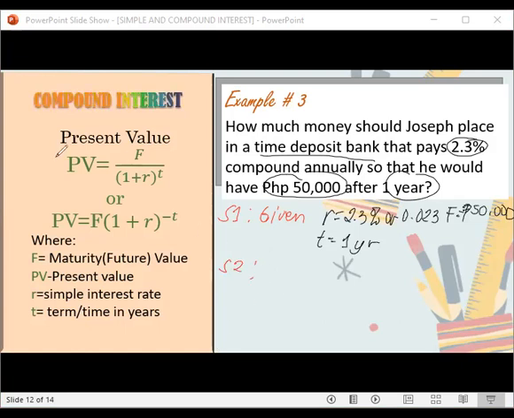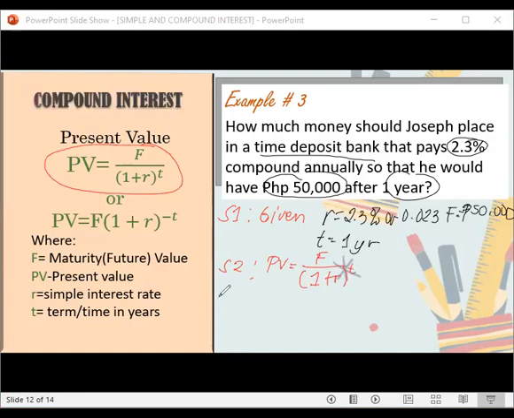So, this time, I will be using the first formula para makita natin yung comparison ng dalawa. So, our formula is present value is equal to the future value over 1 plus R or rate raised to time.